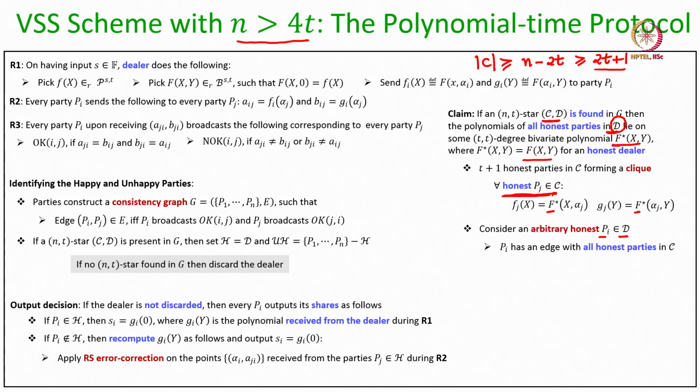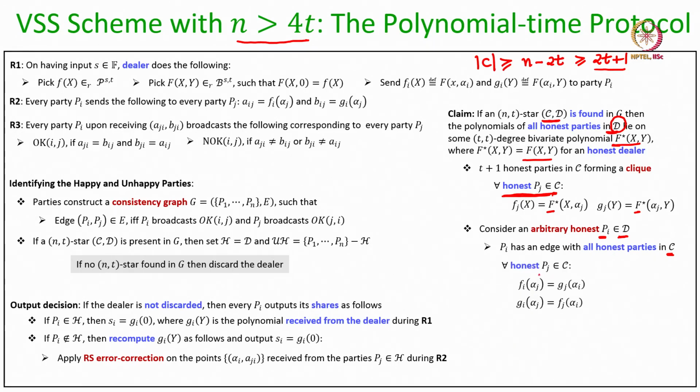And when I say all the parties representing the C component of the star, that means both the honest parties in C as well as the corrupt parties in C. Forget about the corrupt parties in C. What we know is that definitely this honest party Pi, who is part of the D component of the star, has an edge with all the honest parties in the C component of the star, because Pi would have broadcasted an OK message for Pj and Pj would have broadcasted an OK message for Pi. Okay. So, it has an edge with all the honest parties Pj in C.